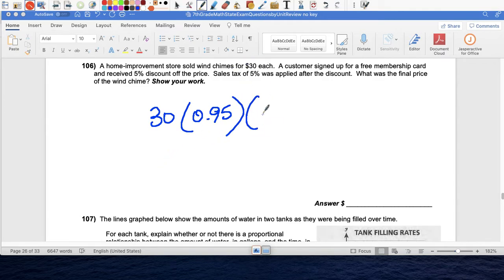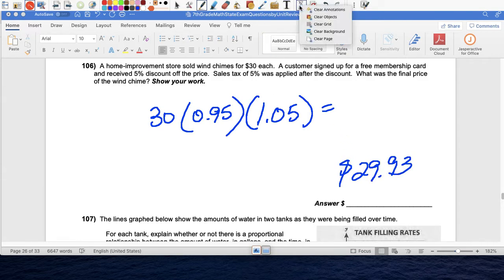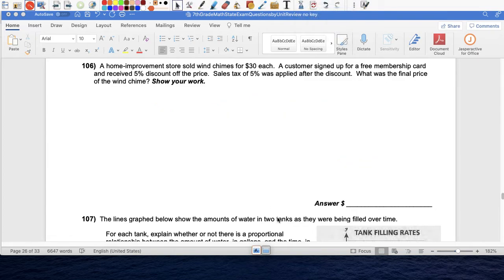Remember, tax is something that you add, and if you add 5% to the 100%, it comes out to 105%, or 1.05 times 0.95 times 1.05. Literally, my answer is going to be $29.93 rounded. That was it. Don't complicate the problem too much.